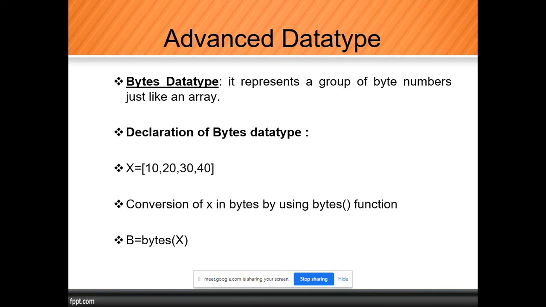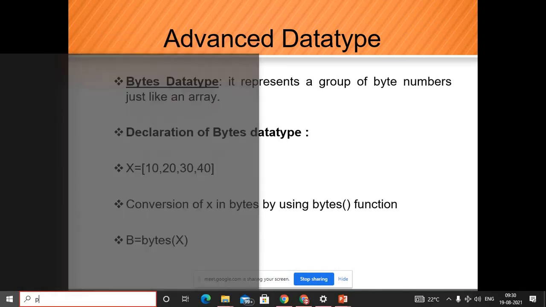We store the information using x equals square bracket open, some values, then square bracket close. Once we store that information in x, we need to convert it into bytes by using the bytes function. So let's do the practical, and after that we'll follow the step-by-step functions.